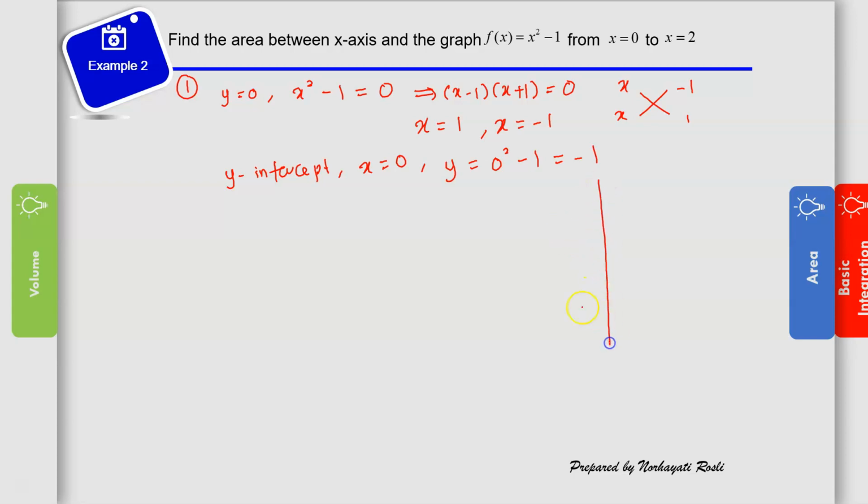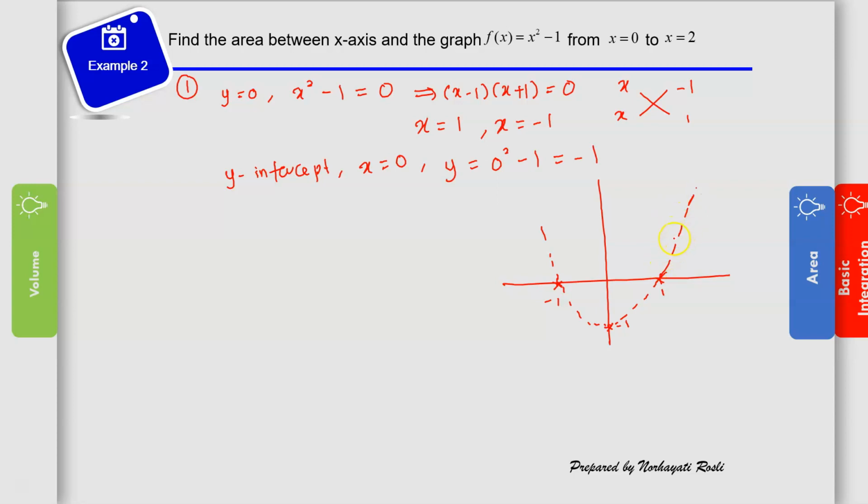When we plot this one, we have here negative 1, 0, and 1, 0, and then 0, negative 1. And we know this is a quadratic function, which means that it will form the graph like this.